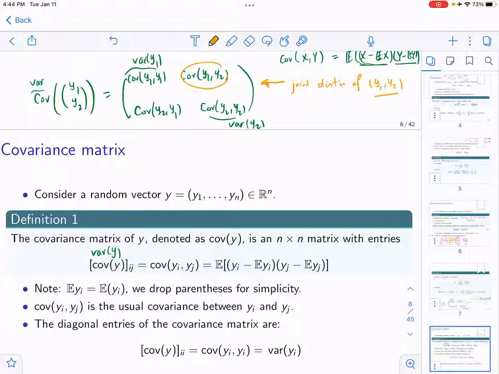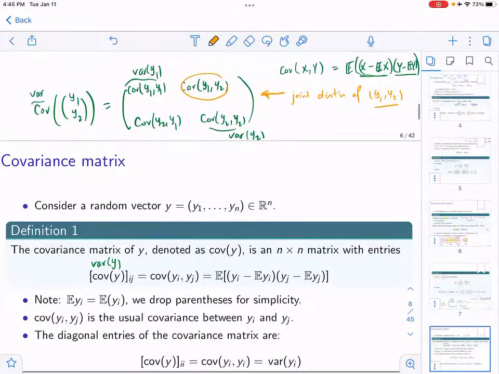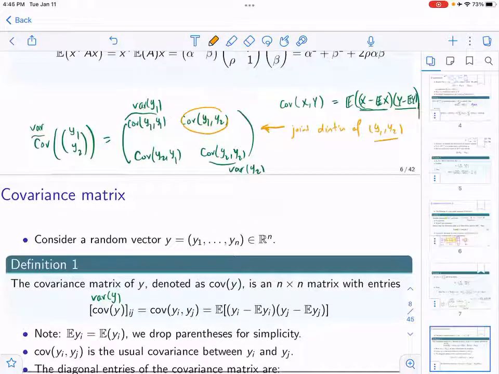For example, this needs the joint distribution of x and y. You don't need to compute the distribution of this. Once you have this, you can compute this guy a little bit more directly.